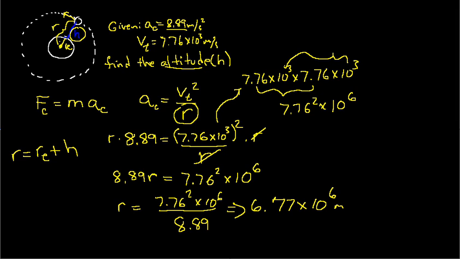This is the distance here, r, the radius of the Earth plus h. So h then will be this r minus the radius of the Earth. So h is going to be 6.77 minus the radius of the Earth, which I didn't give you, but the radius of the Earth happens to be 6.38 times 10 to the 6.